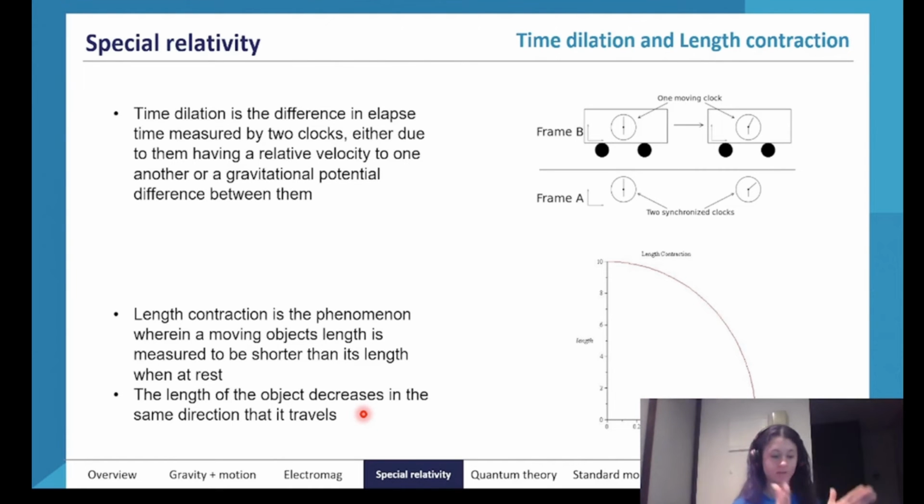So all the houses are going to look skinny, everything is going to be contracted in the direction of motion. That isn't to say that everything is going to get taller. It just means everything is going to contract in the direction of motion.